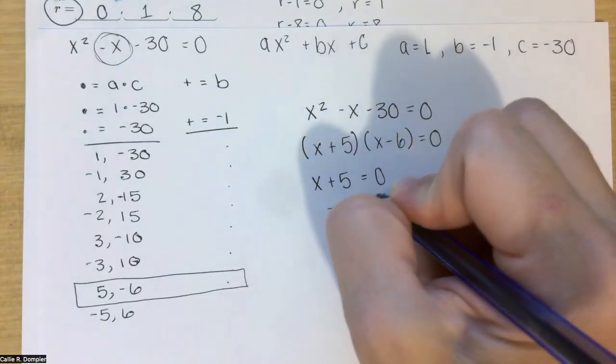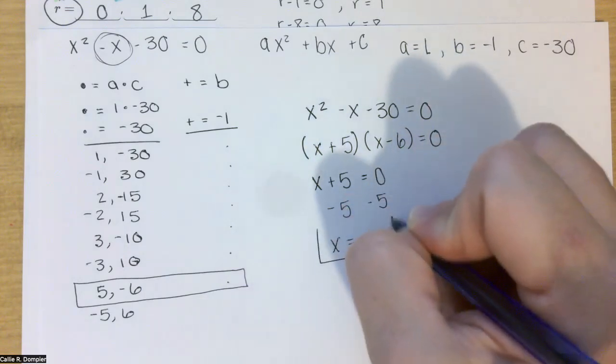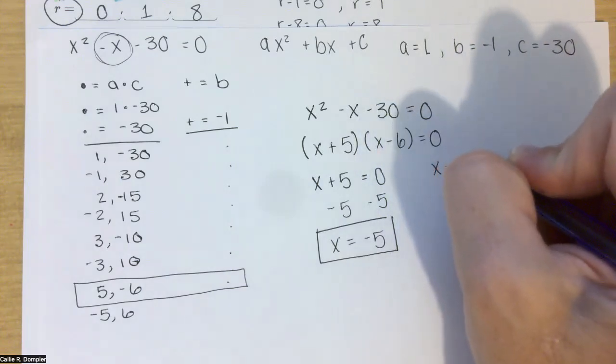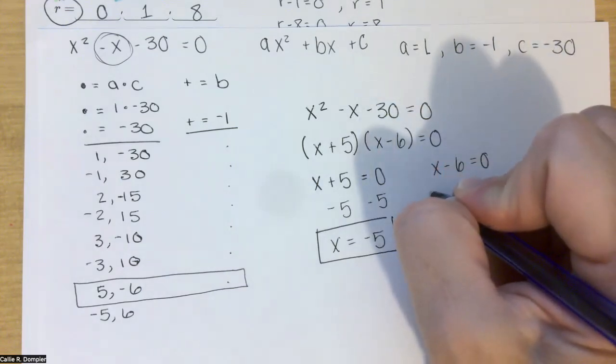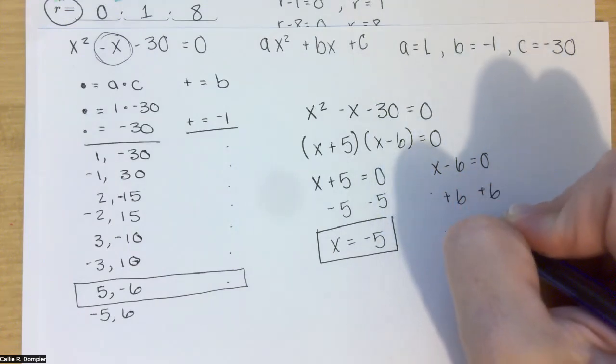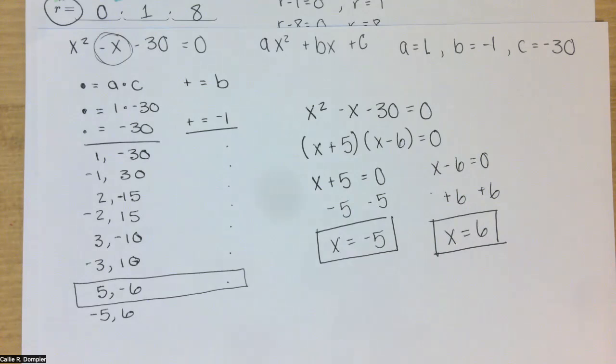Subtract 5 from both sides. X is -5. X minus 6 equals 0. Add 6 to both sides. X equals 6. Good. So my two answers are -5 and 6.